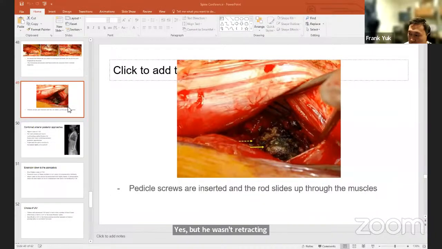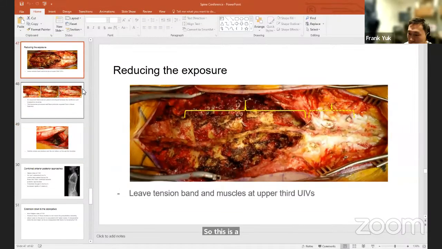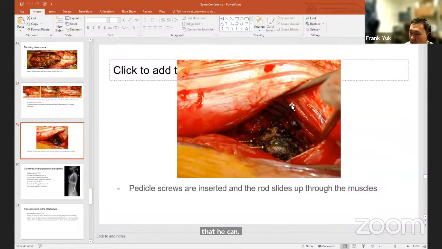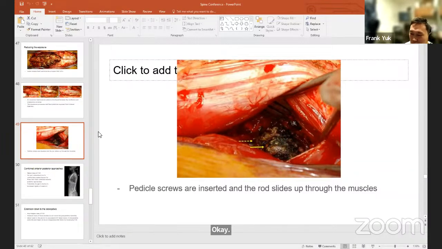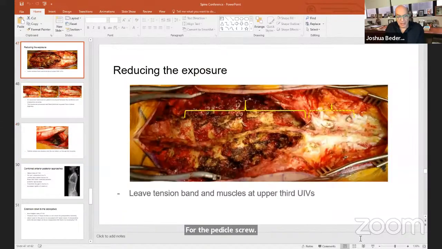He's actually retracting the muscles here. What he's showing is that he's using his finger to dissect the muscles, not the cord. I know it kind of does look like the cord a little bit, but he's actually coming lateral to the muscles and diving down onto the facet joints to find the entry point for the pedicle screws. All right, thank you for clarifying that.